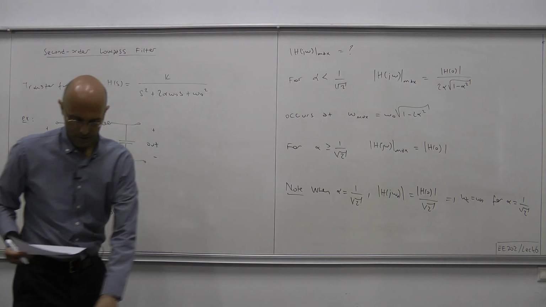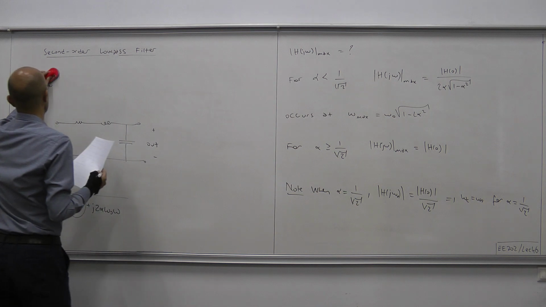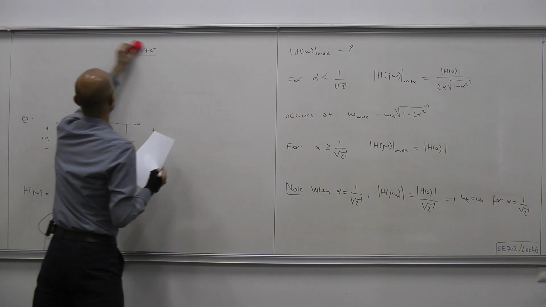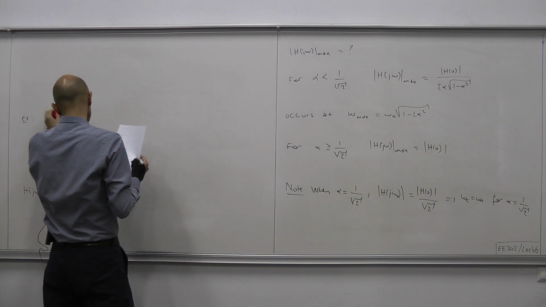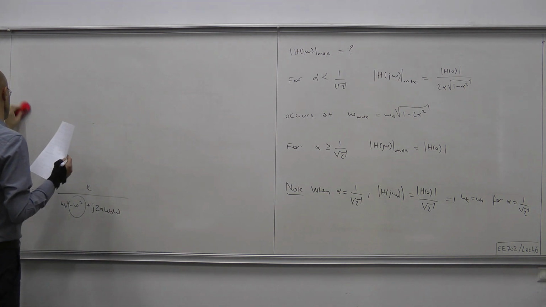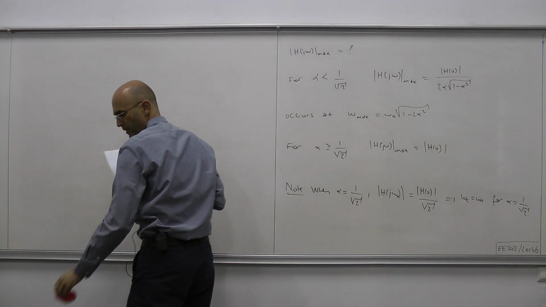Okay, so let's sketch the low pass characteristics, the gain function for different values of alpha.